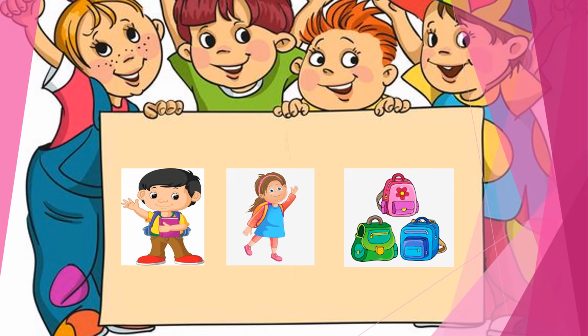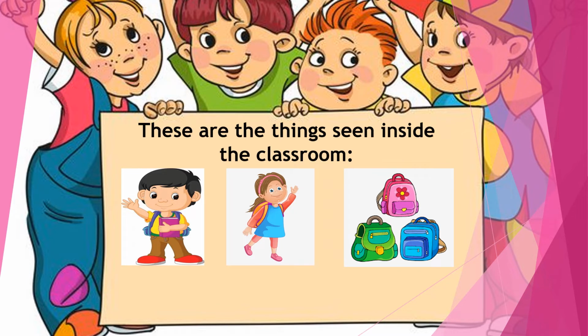Okay, now, these are the things seen inside the classroom. Your boy classmate, your girl classmate, and the bags, the things that your classmates bring. Okay, then look at the boy. Look at the girl. What are their similarities? Yes, anybody?